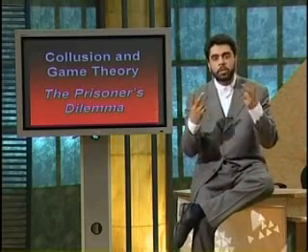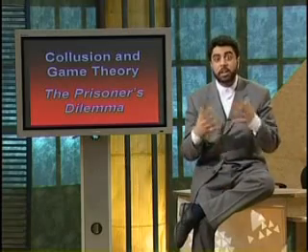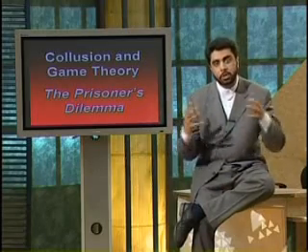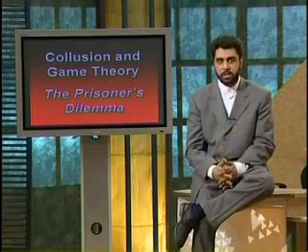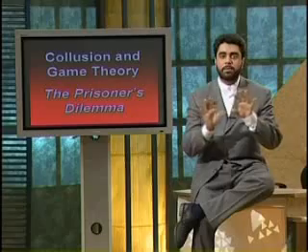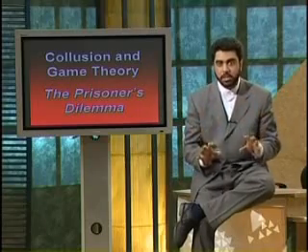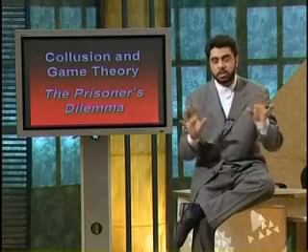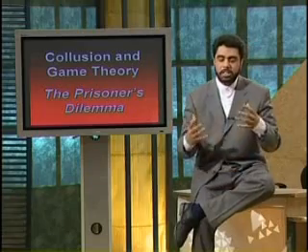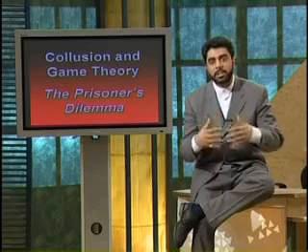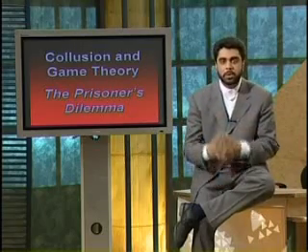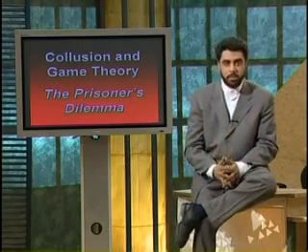Now think of two prisoners who have committed a crime together, and they have been arrested by the police. Both prisoners are being interrogated separately. They are being asked questions separately. The dilemma before the prisoners is this: if they both confess to the crime, they will both get 5 years in prison.